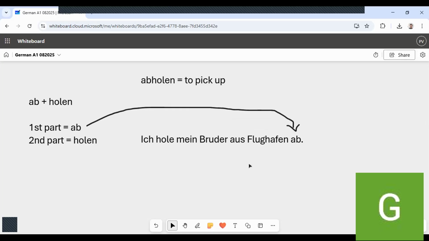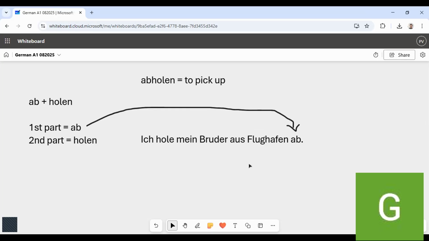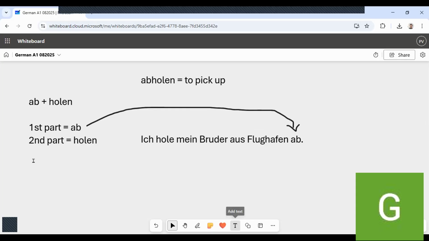I will also tell you how this verb is used with modal verbs. But first, we need to understand and learn how a Trennbar verb is formed. So the conjugation, it is a regular verb. You don't need to learn the conjugation, you only should know the rule.